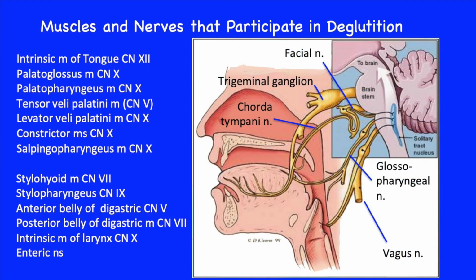A good study tool to review swallowing is to list all the nerves that participate in the process, and here they are. Cranial nerves 5, 7, 9, 10, and 12 all contribute in part to the process of deglutition. Stop the movie and review how these nerves participate.